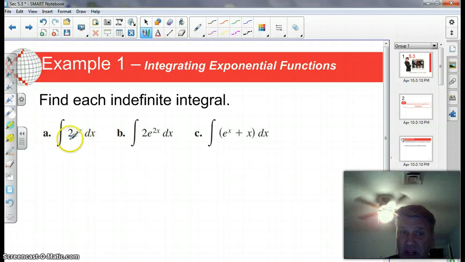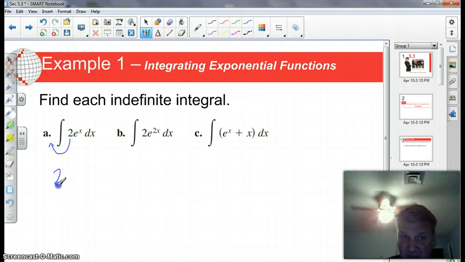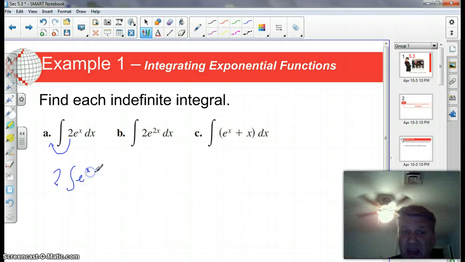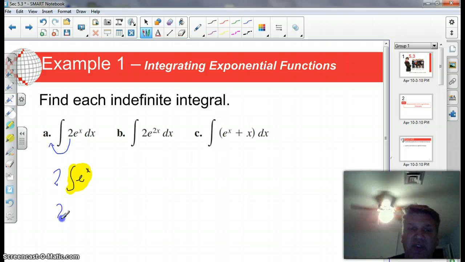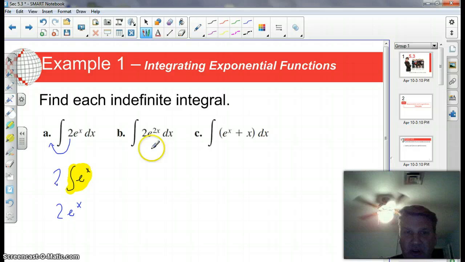This one, we're going to use our constant rule, so I can just bring the constant straight out front, one of the integration rules. So this is really just 2 times the integral of e to the x. And of course, the derivative of e to the x is e to the x, and therefore the integral of e to the x is also e to the x. So a is not very difficult to do.